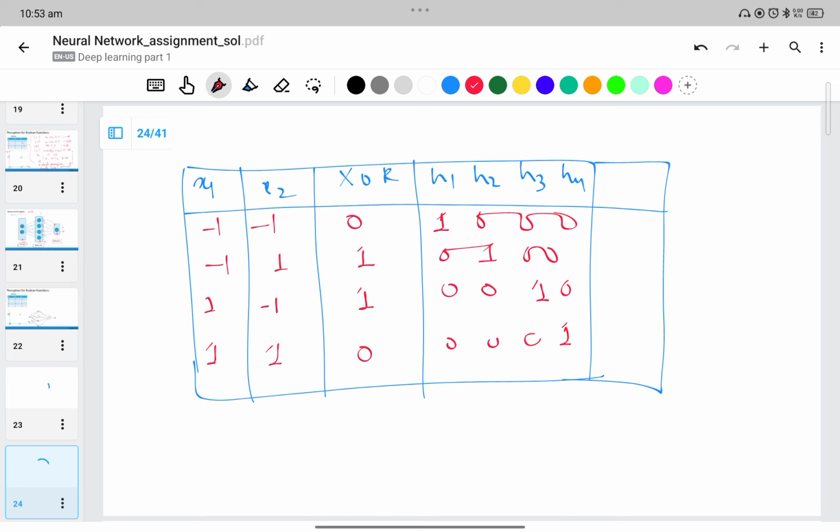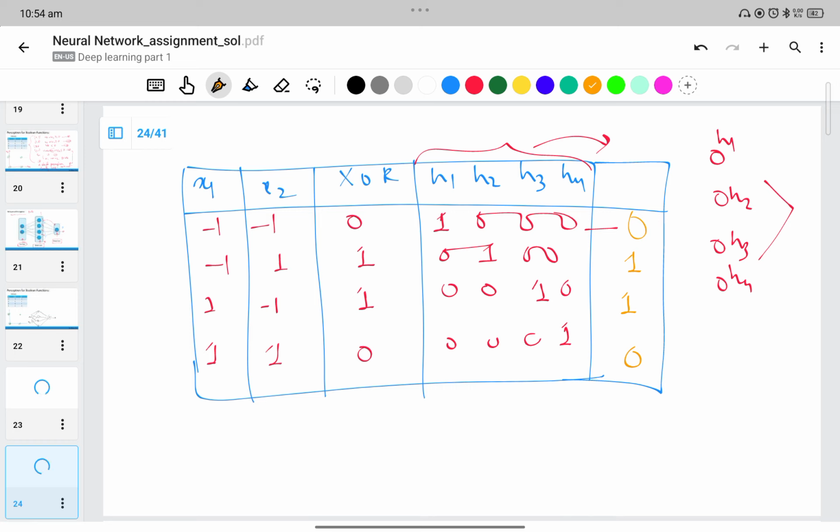So it is possible that based on this input vector we design another layer, let's say this is the final layer. This is h1, h2, h3, h4, and we'll combine them to give the result: this has to give 0, this has to give 0, this is 1, this is 1.